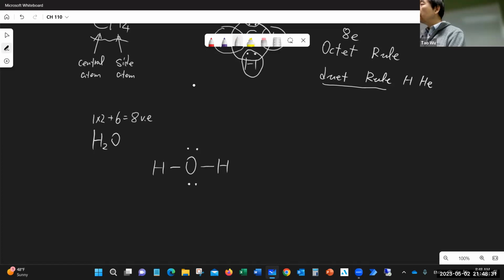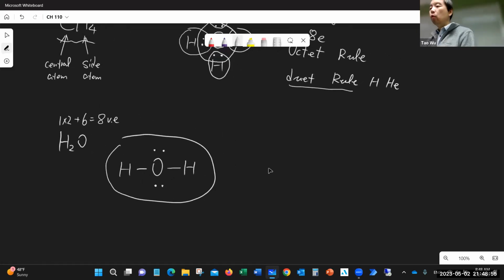Since we only have 1 shared pair, make it a single bond. So this is the Lewis structure for water.